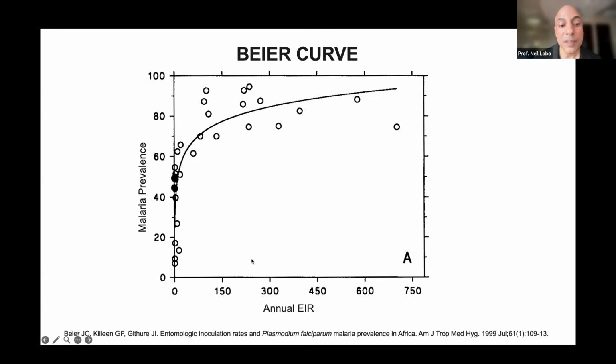There are sites around the planet where people get 150 to 600 infectious bites a year. And you can imagine, no matter what you do, that person is getting continuously infected with malaria. And that is true in a lot of places with high malaria transmission. So, for example, if you have 600 infectious bites per year, what data demonstrates is that about 90% of the population has malaria at that point in time.